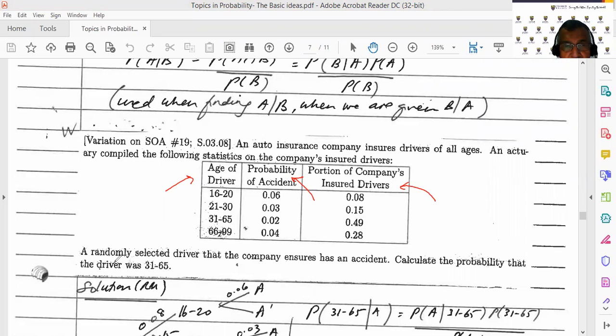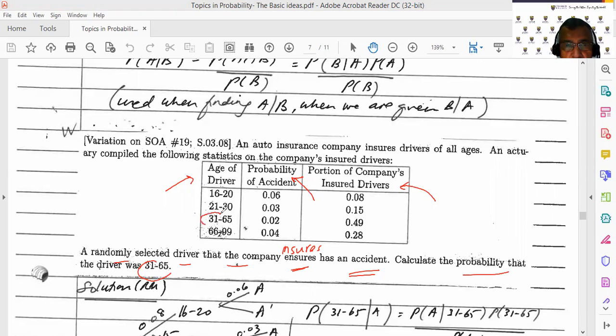Now that you know the data, read carefully. A randomly selected driver that the company insures has an accident. What's the story? This guy that the company selects has an accident. Given that the person has an accident, you're asked to find the probability that the driver falls in the age group 31 to 65.